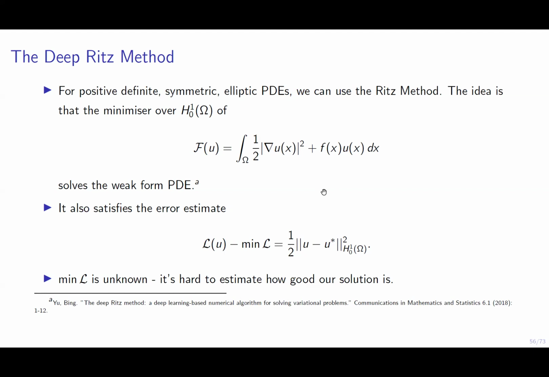My loss function at some particular trial function minus its minimum is exactly equal to half my error in the H10 norm squared. This is a very, very attractive property, because it means that if I reduce my loss by a factor of a half with respect to its minimum, I'm reducing this error by a factor of a half as well.